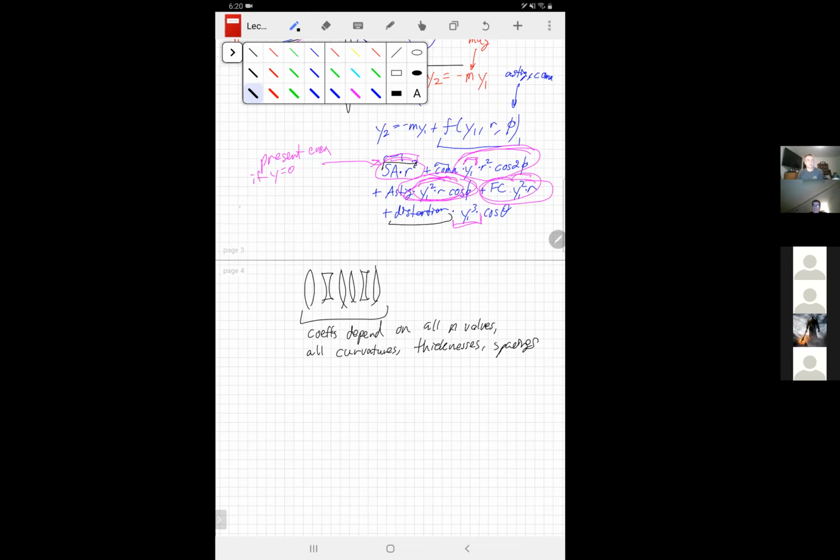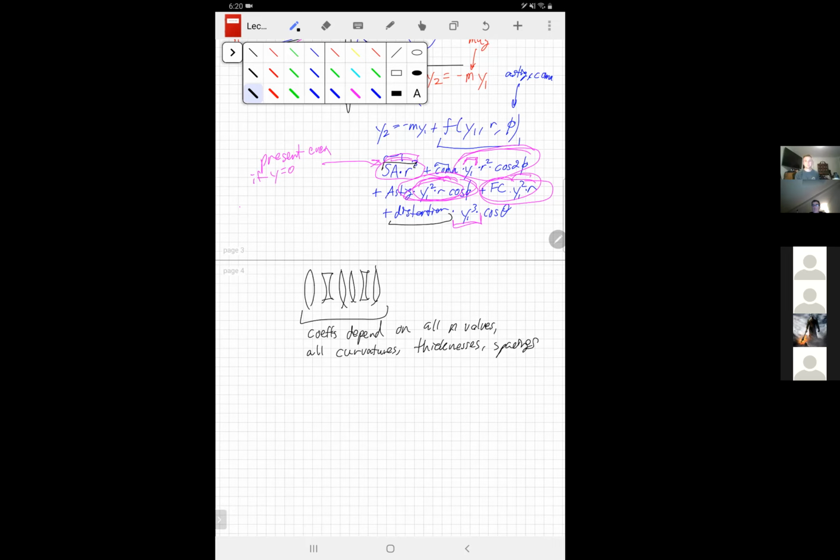Go ahead. And is Zemax doing that, or are we going to get into that? Is it doing it in the quick focus function, or are we going to get into that with the merit function, I guess? In both the quick focus and the merit function, what Zemax does is it just traces the rays and evaluates the image quality. And it says to itself, okay, if I change this curvature, how does the image quality change?